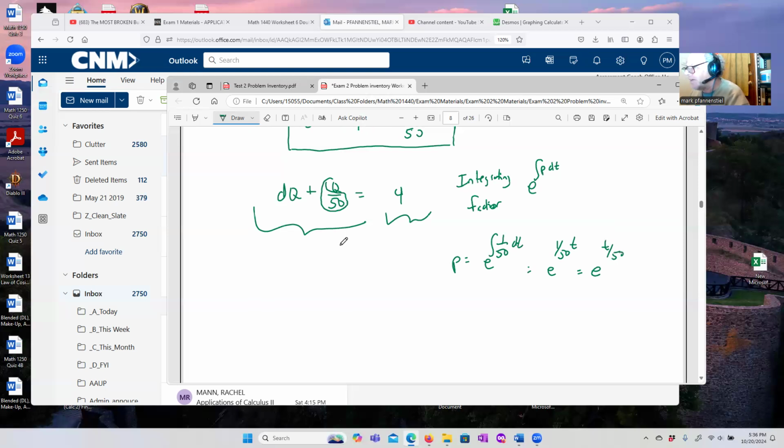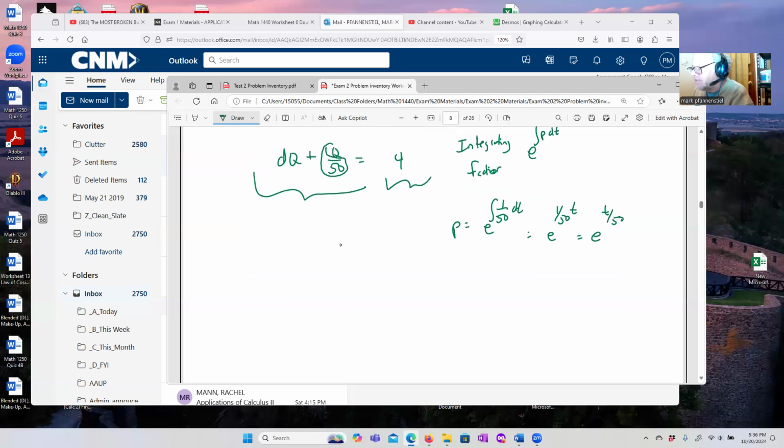Let's go ahead and multiply that through. So we're going to say this is e to the t over 50 times Q tick, you could write it as dQ, that's fine, plus 1 over 50 e to the t over 50 Q is equal to 4 times e to the t over 50.